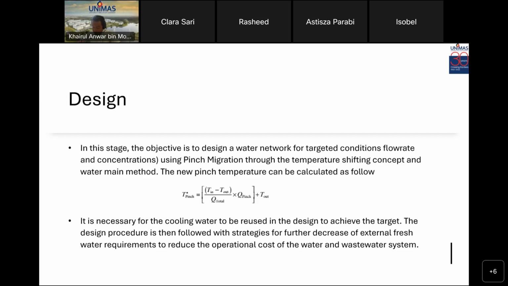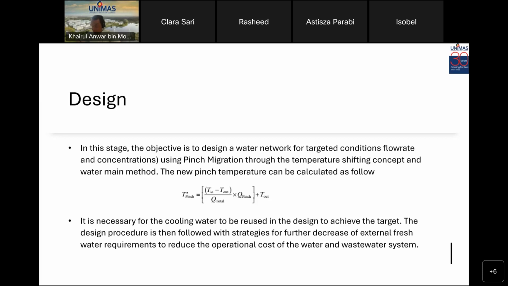So first one, we introduce an increase in the cycle of concentration. Then that water you need to treat using ozone because it is safe, non-chemical and eco-friendly.